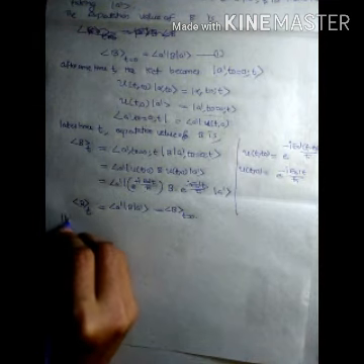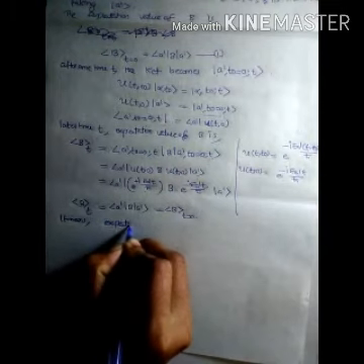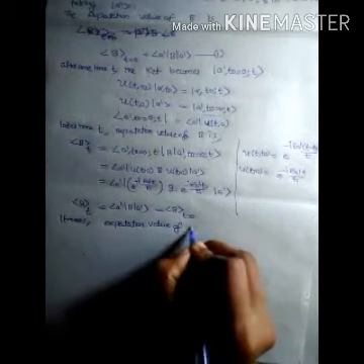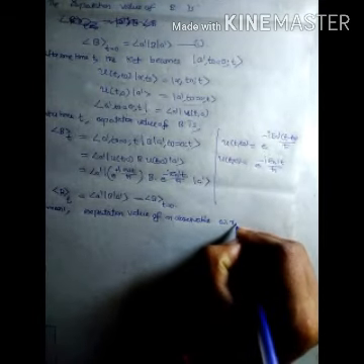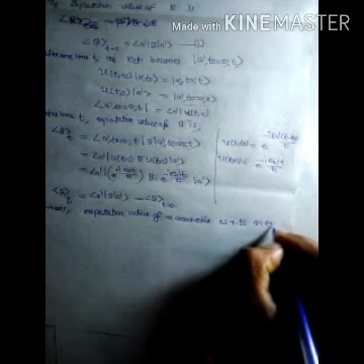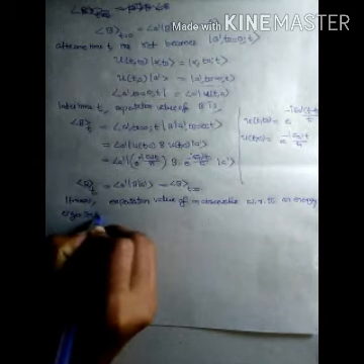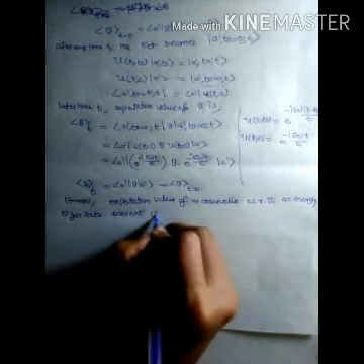So it means we can write that the expectation value of an observable B with respect to an energy eigenstate does not change with time.